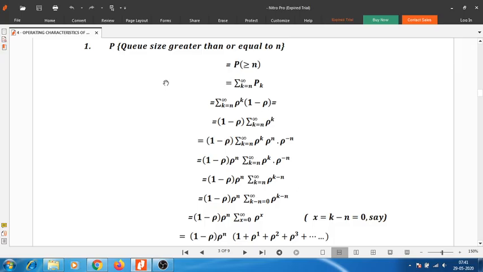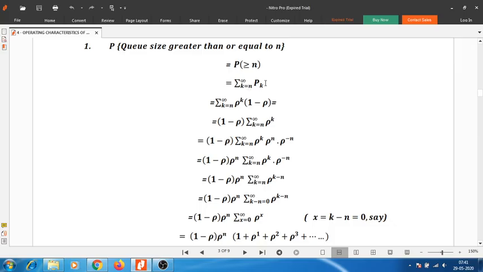So the queue size is greater than or equal to n. That is the probability of the size of the queue being greater than or equal to n. Now we need to calculate its probability function: the summation over k from n to infinity of P_k.